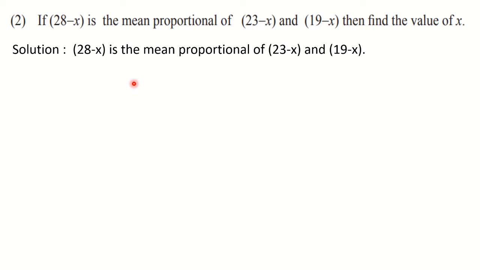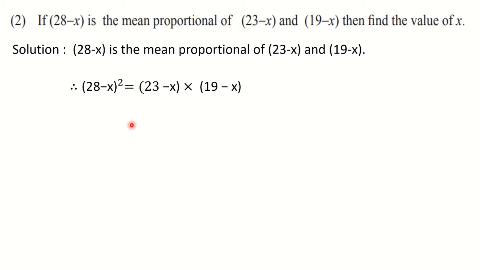So let us write down mean proportional square is equal to multiplication of the remaining two. Therefore 28 minus x the whole square is equal to 23 minus x into 19 minus x. This is the property, or by using the statement we can write this. Now similar to before, the next step is to expand.